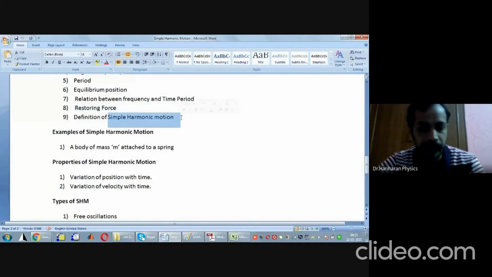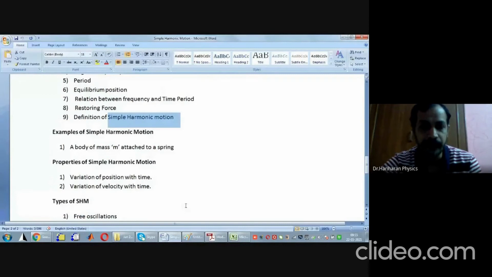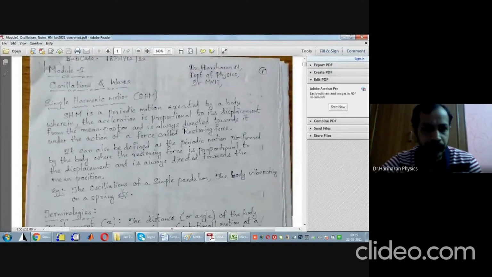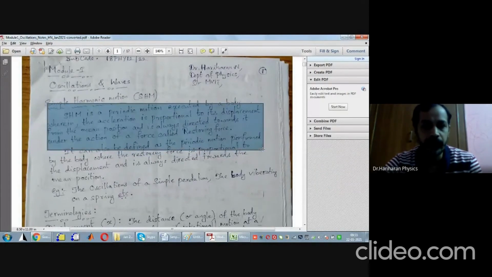Okay, so first let me read out what do I mean by a simple harmonic motion. Look here in my notes. What is simple harmonic motion? Simple harmonic motion is a periodic motion executed by a body where the acceleration is proportional to its displacement from the mean position and will always be directed towards the mean position.